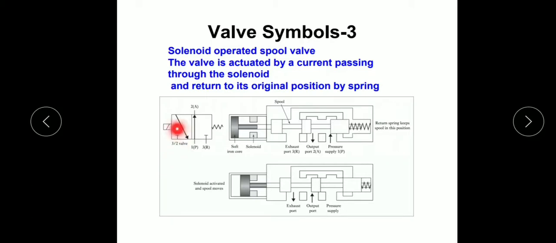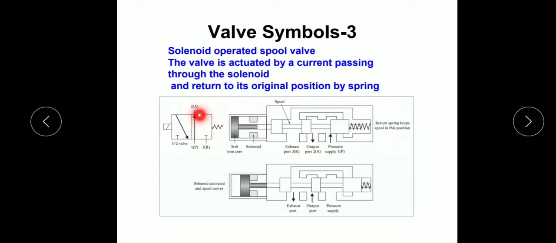First of all, we can understand the positions. This is the first position and this is the second position. So these are the positions, and the ports are 1, 2 and 3. Here the ports are marked as P, A and R. Normally P will be the pump side, that is pump P, and A will be the output side.